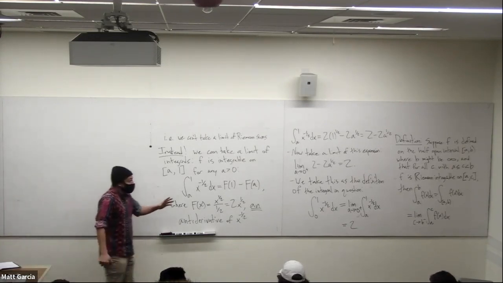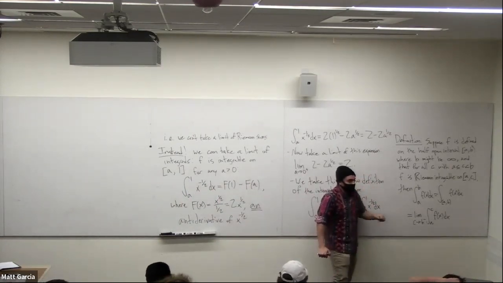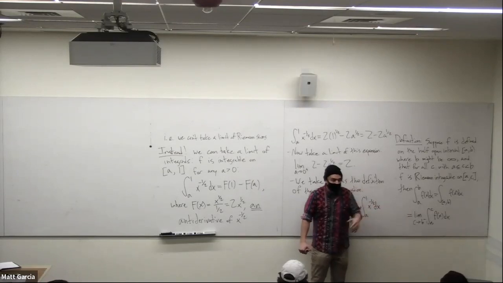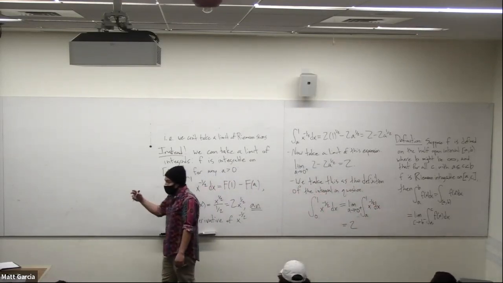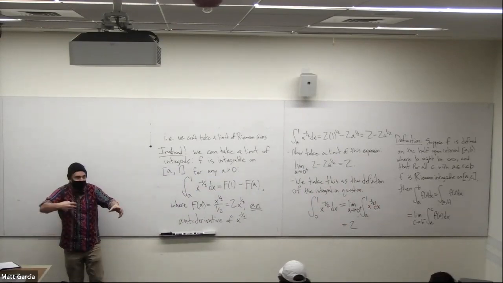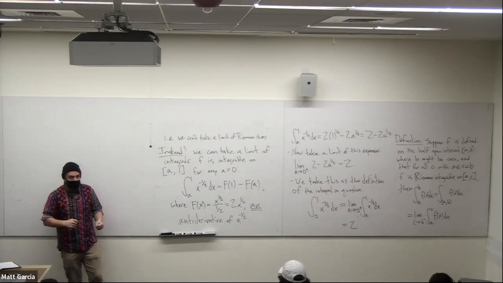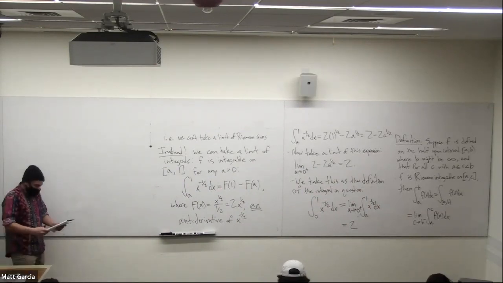If you like, the real difference in this definition from Riemann integrability to this notion of improper integrability is that we're not taking a limit of Riemann sums, we're taking a limit of limits of Riemann sums. There's an extra layer of limits happening.